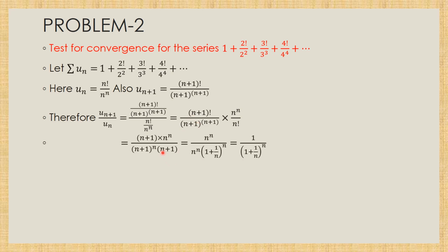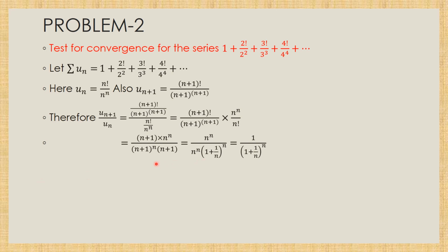Now after cancellation of n factorial we get n plus 1 into n power n divided by n plus 1 power n plus 1, split as n plus 1 power n into n plus 1, using the property that a power m plus n can be written as a power m into a power n. So the same property is applied here.